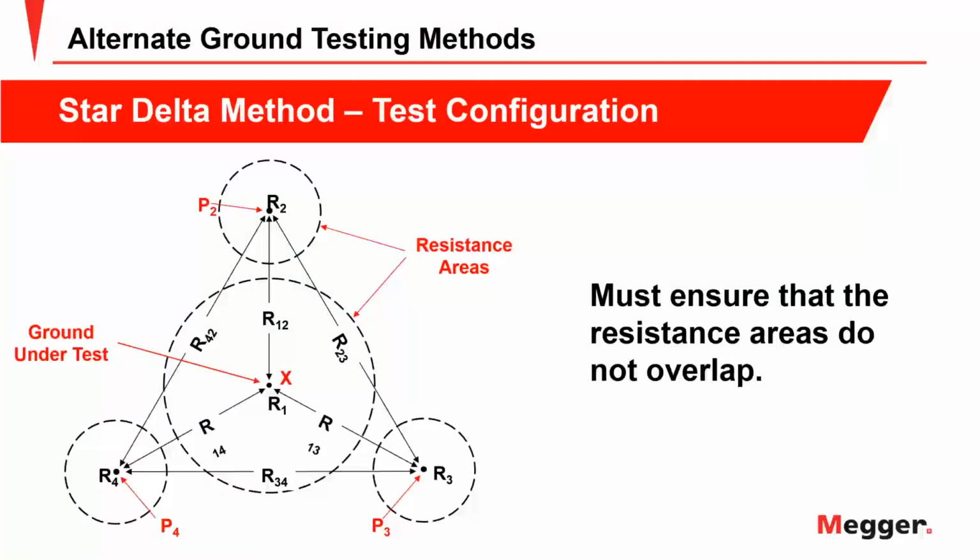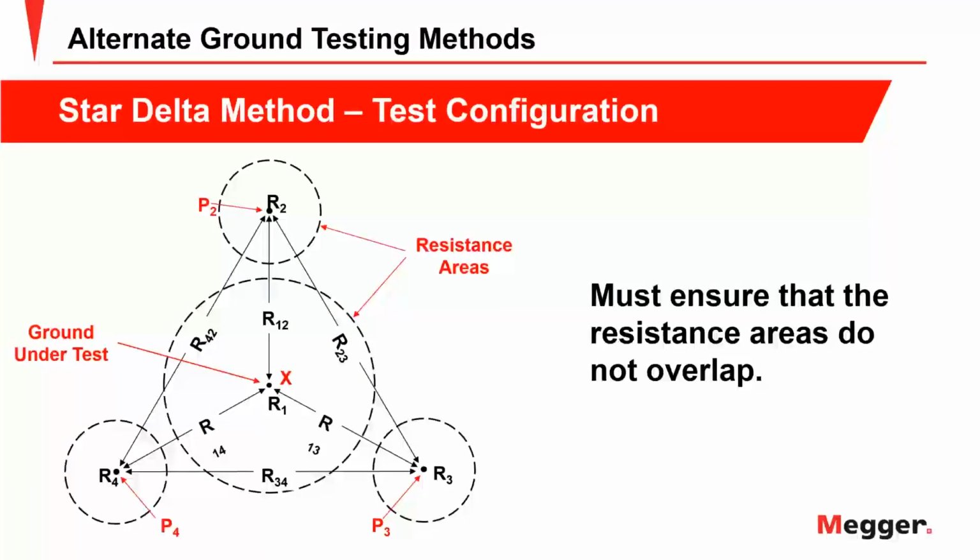So now instead of going out in a straight line, which is what you do in, I think, just about all the other test methods, in this case you're going to use 3 probes in a triangle around your test ground. So note that this is amenable then to a very constricted test area where you do not have a lot of room.